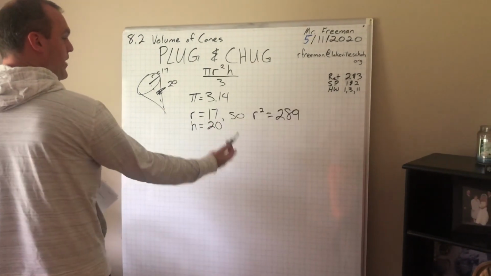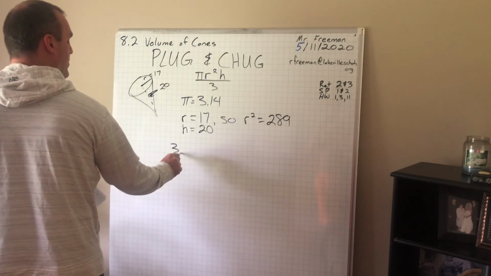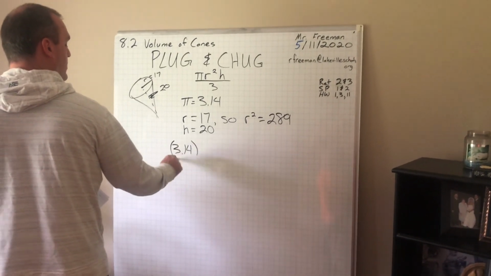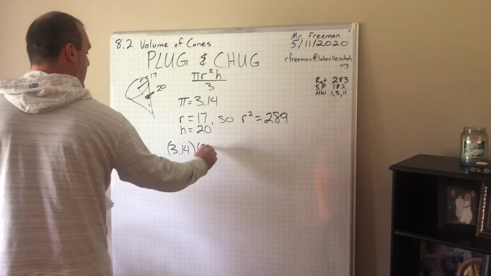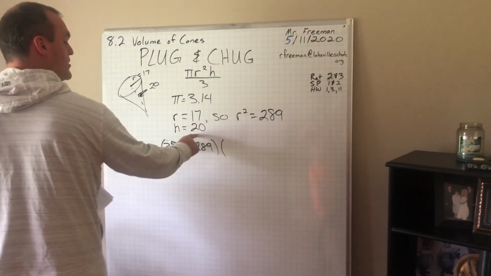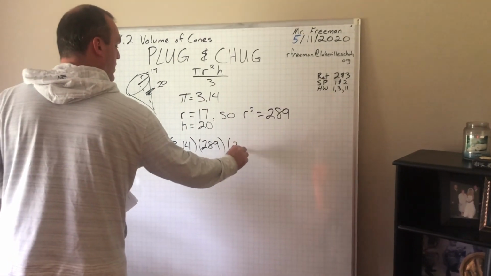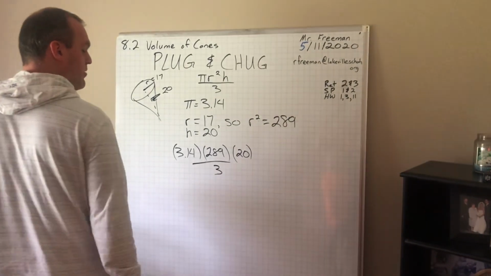And that's all the information we need to plug into this formula, where I say pi, 3.14, times r squared, which is 289, times the height, which is 20. That's the first part that we're going to divide by 3 when we're done.